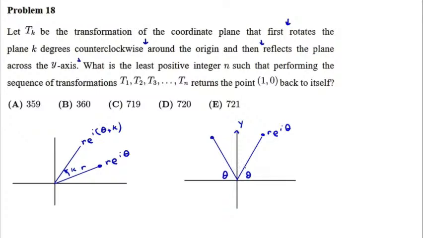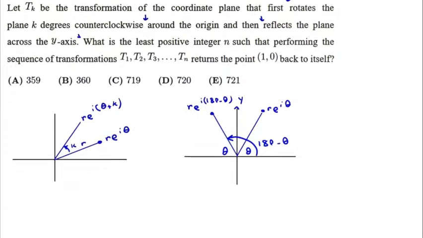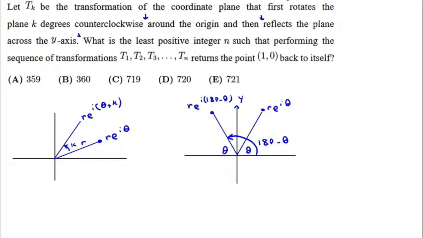By congruent triangles, you can easily prove. So this angle is 180 minus theta. So it will be r e^(i(180 minus theta)). So if you want to consider, and it is always correct, by T_1, consider (1, 0). (1, 0) is this point.